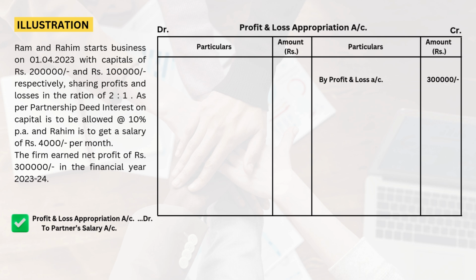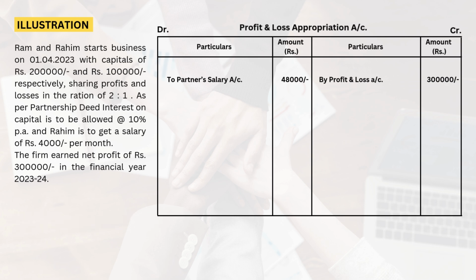Here partner's salary will be posted into profit and loss appropriation account at debit side, rupees 48,000. Again, the fourth entry was interest on capital account debit to Ram's capital to Rahim's capital. You know, it will also not come into profit and loss appropriation account.